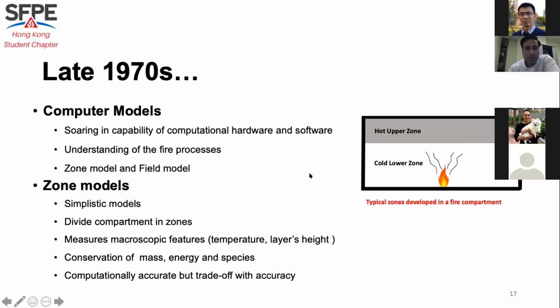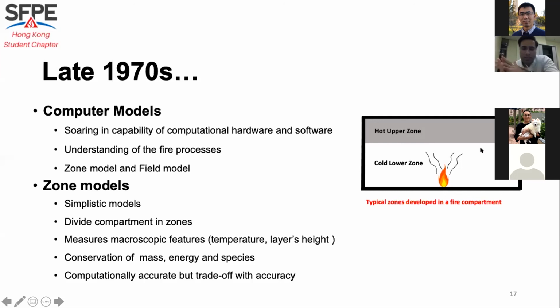They are very simple. What a zone model actually does is divide the compartment into different zones: a hot upper zone, where smoke from the fire accumulates, and a cold lower zone. By solving the conservation of energy, mass and species, they were able to calculate the temperatures in both zones, as well as the layer height, so that they know how the height is decreasing.